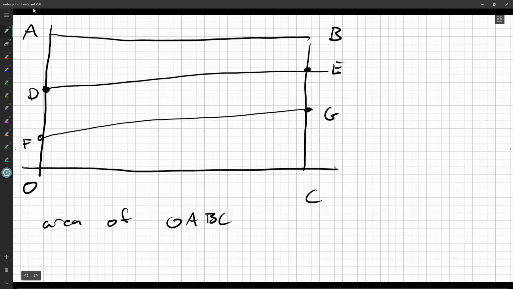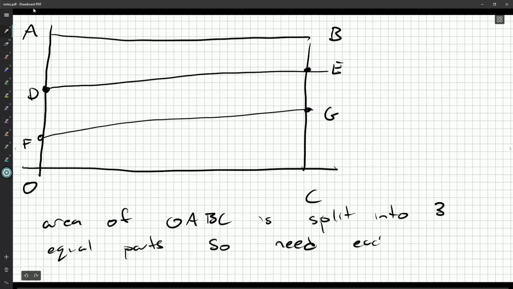Area of OABC is split into 3 equal parts. So I need each quadrilateral, let's say, to have area of 20. Now, by B part, ABED has area 20.